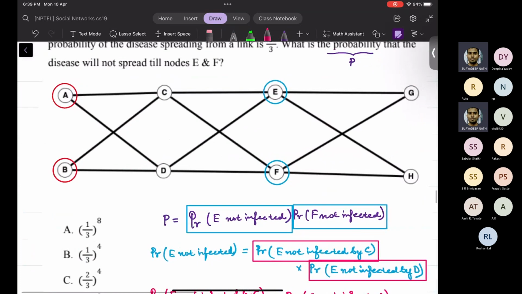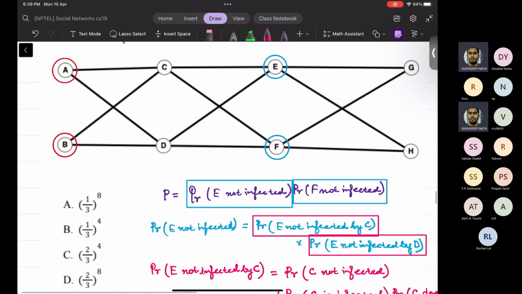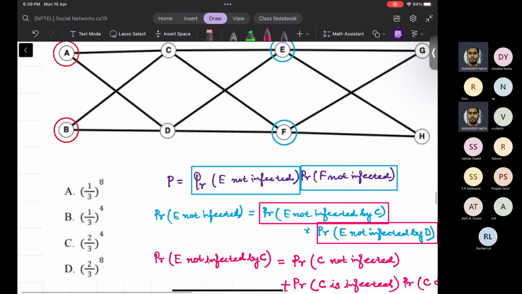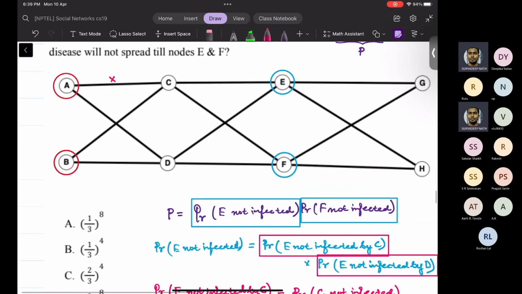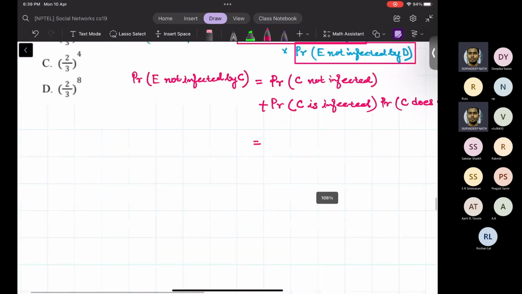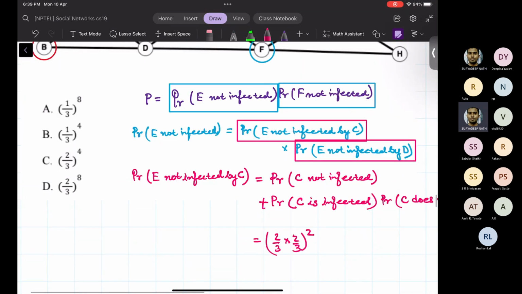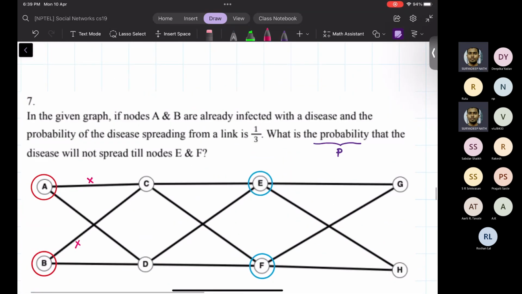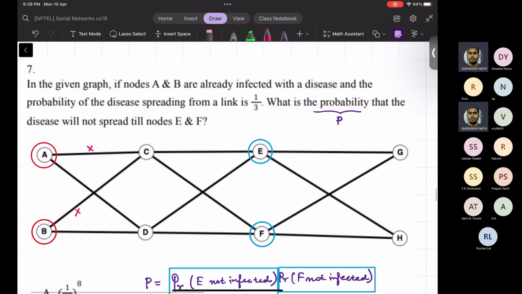A and B we already know are infected. What is the probability of C not infected? It is that it does not acquire the infection from A and it does not acquire the infection from B as well. So that would be 2/3 into 2/3, whole square, because 1/3 is the probability that the disease will spread.